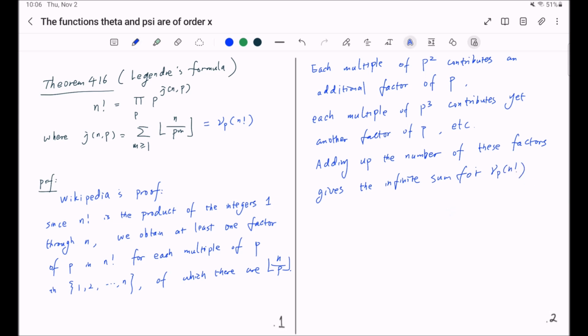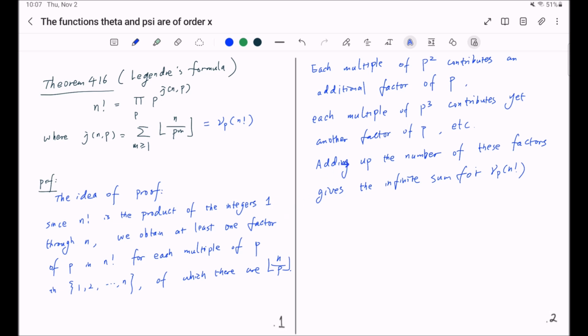I'm not sure how much you're satisfied with this Wikipedia's proof. At least I am not satisfied, because this is too sketchy, and when I read this proof, I don't really know what's going on here. Instead, I would like to just call this the idea of the proof. And I will give you another proof which I think is more rigorous, but essentially follows the same idea.